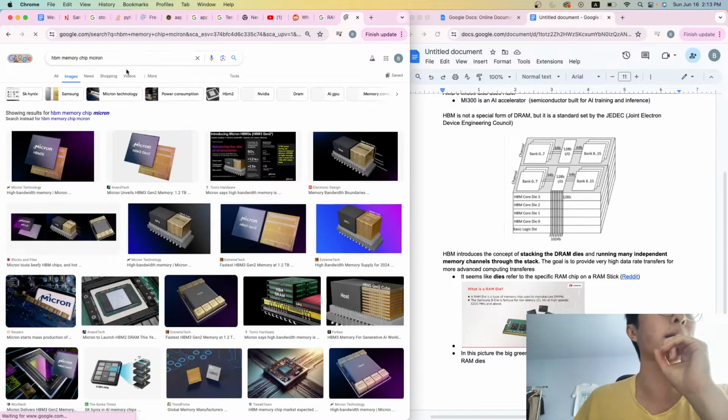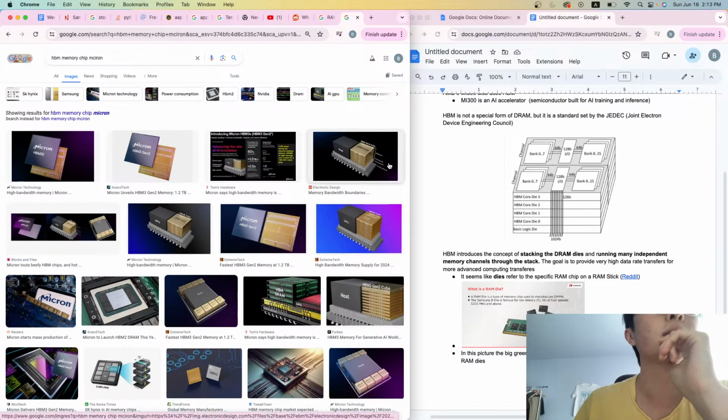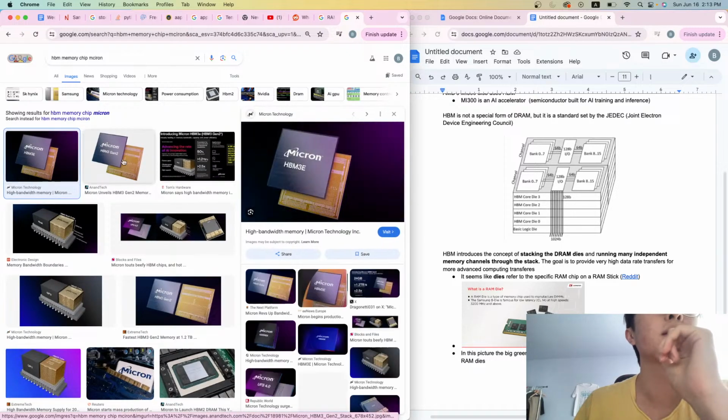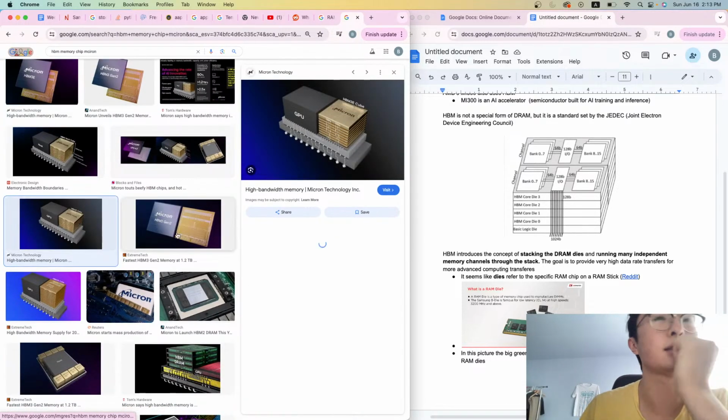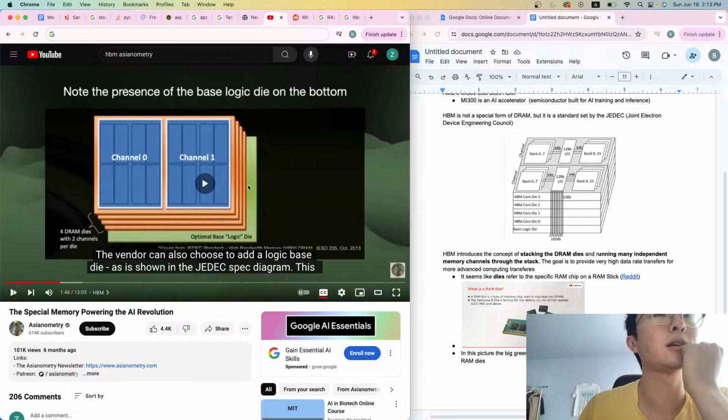Okay, yeah, I think that's exactly what this is. It's just you're stacking a ton of those chips on top of each other.